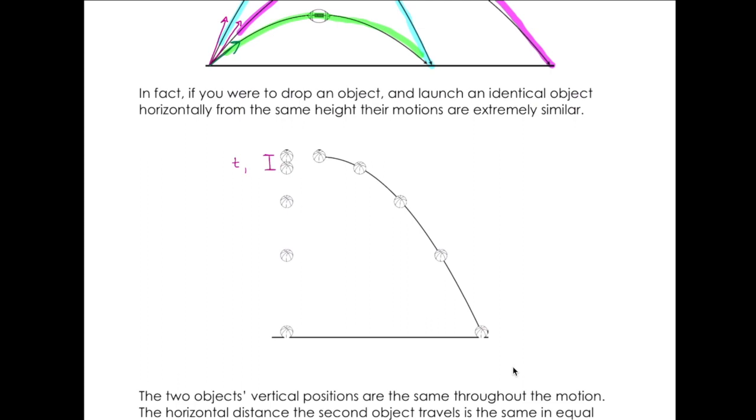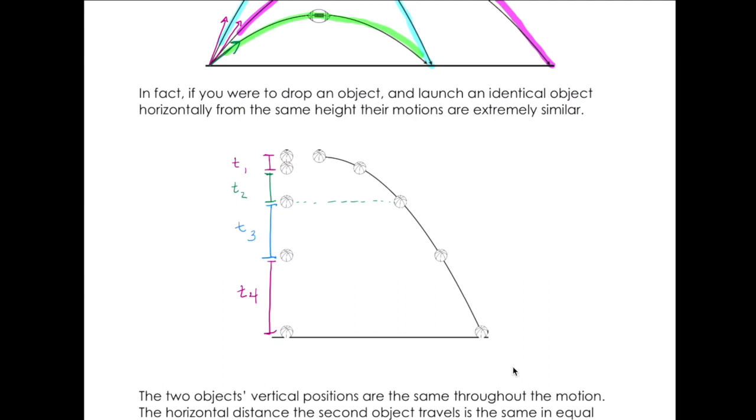For time 2, we have this distance for both objects, the one following the parabolic shape and the one just dropping straight down, because they're at the same height at the same time. The next one, T3, and then lastly, T4.